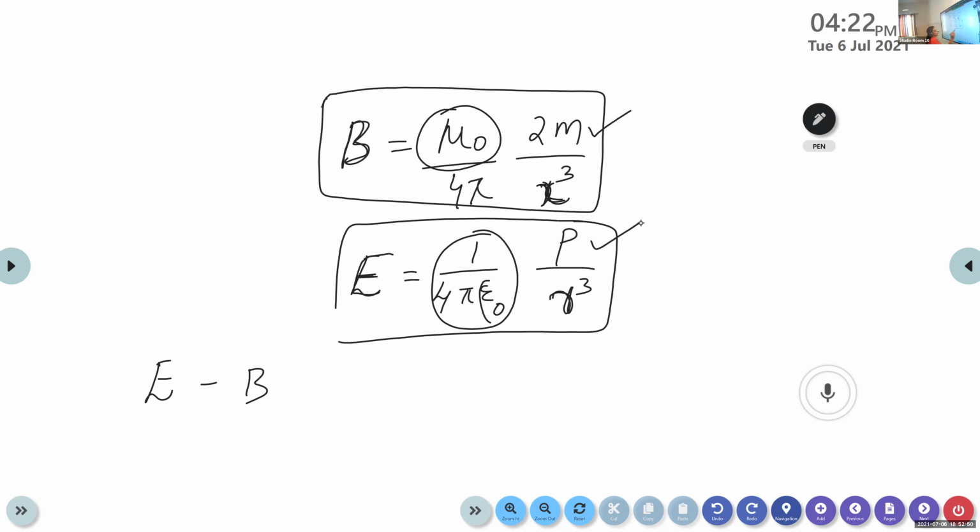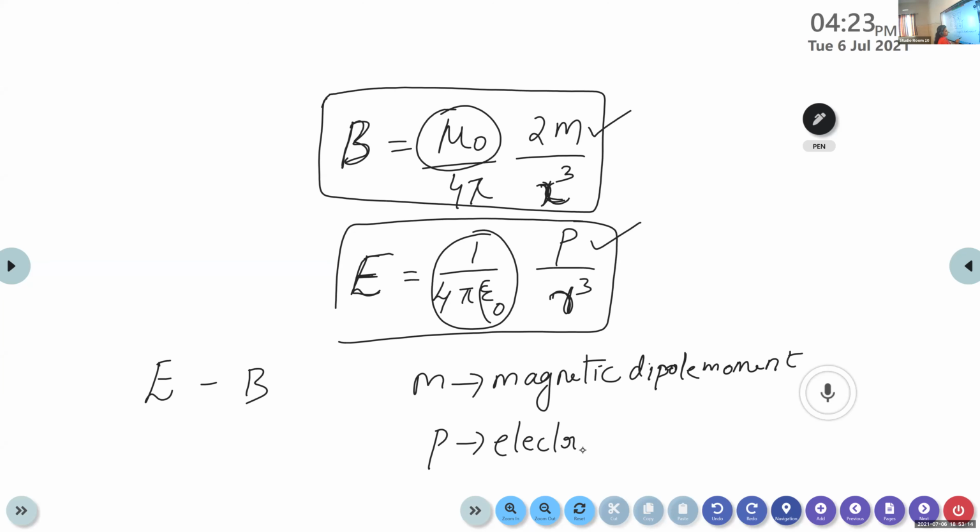So here this m represents the magnetic dipole moment in magnetic field, and this p represents the electric dipole moment in electric field.